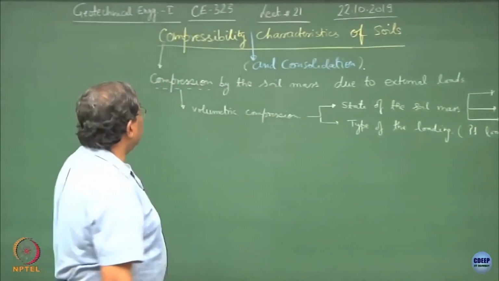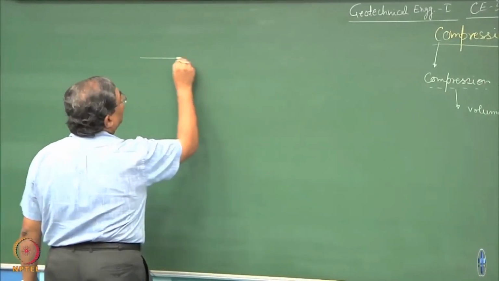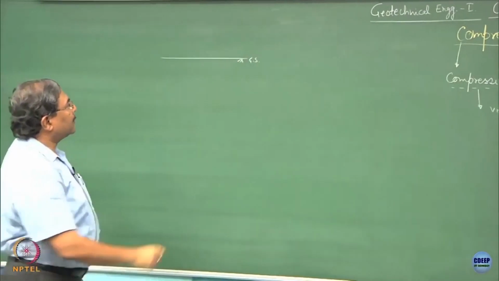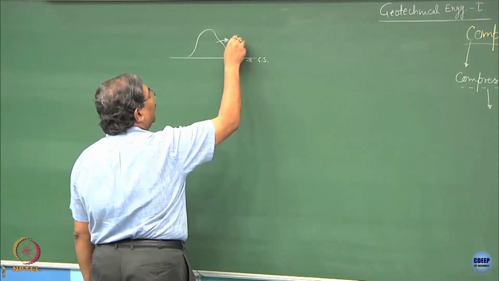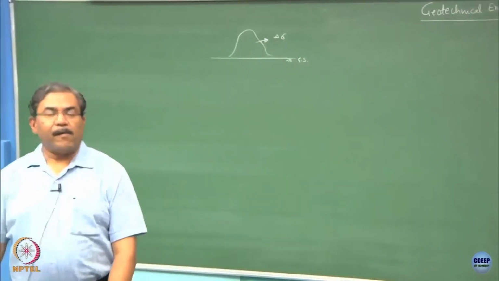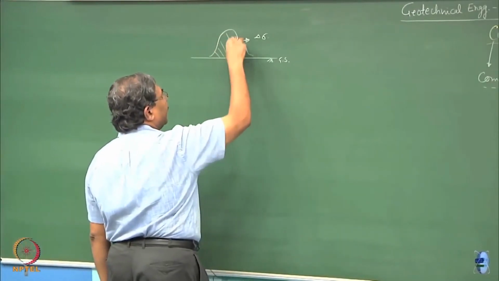Now, suppose I consider a surface, this is the ground surface, let us say, and there is some loading which is coming on the top of this. So, normally we say that this is delta sigma. Now, delta sigma is the one because of the construction of this facility over here.